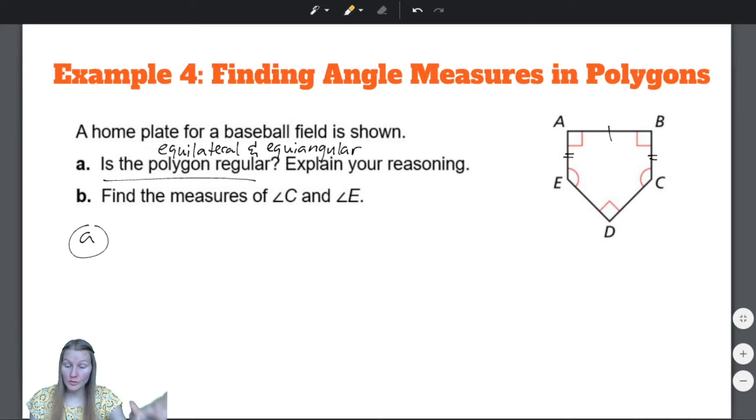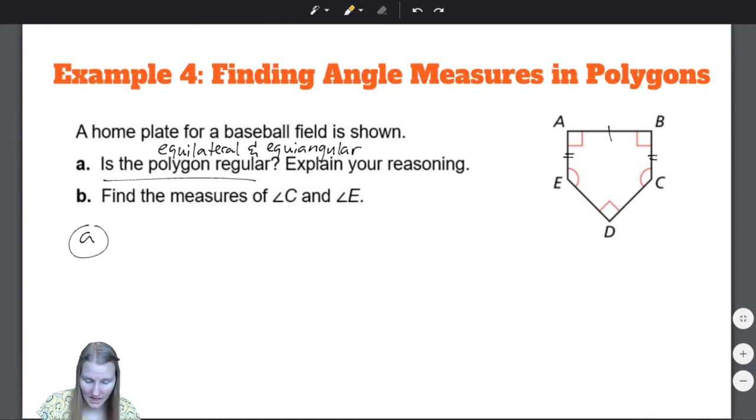I'm not 100% certain, but it doesn't look equilateral. And if I look at the angles, I can see that angle A, B, and D are 90-degree angles. Angle E and angle C are definitely not right angles. They don't have the red box on them, but also they are obviously bigger than 90 degrees. They are obviously obtuse.